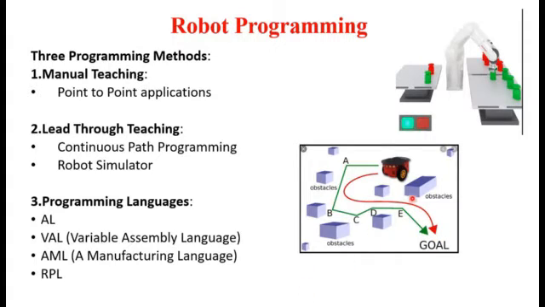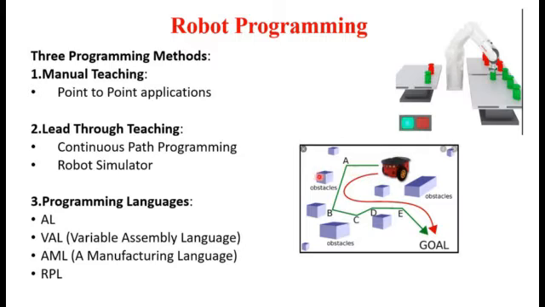Obstacles are placed in between, so the robot must find its path, considering these obstacles, and go to the goal. Therefore, continuous path programming should be there.